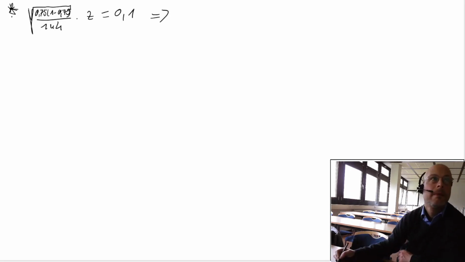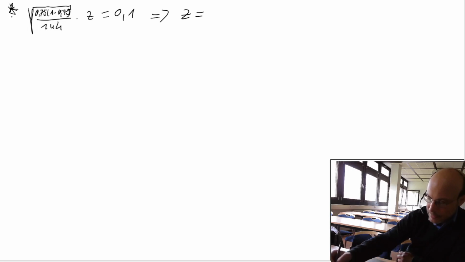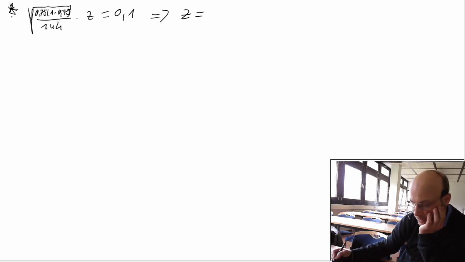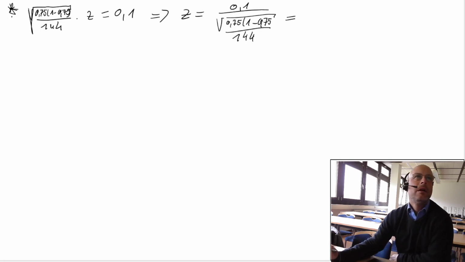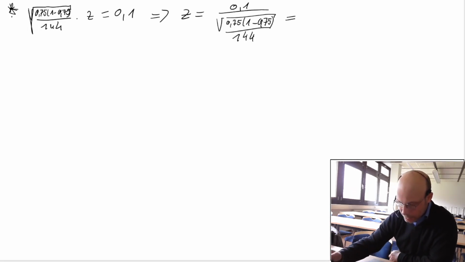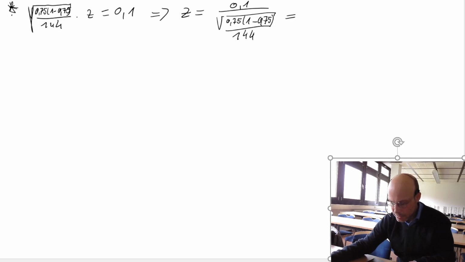And then we obtain that z equals 0.1 over square root of 0.75 times 1 minus 0.75 over 144. Did I calculate this in Excel?